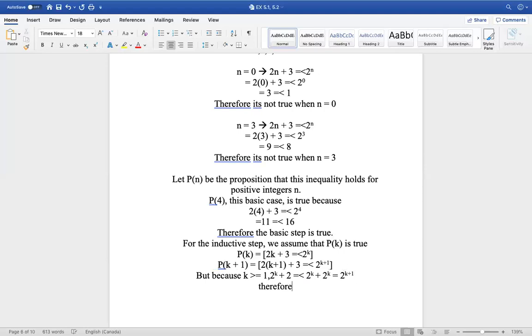Therefore, we know that the inductive step is also true.